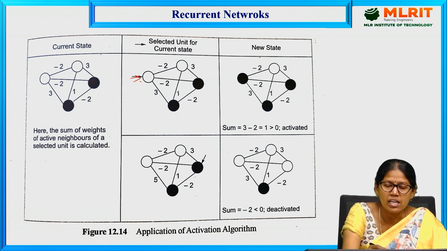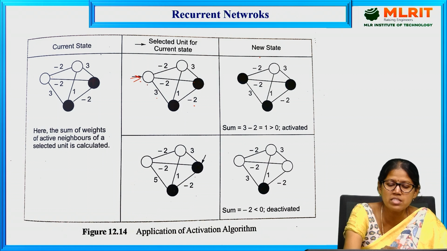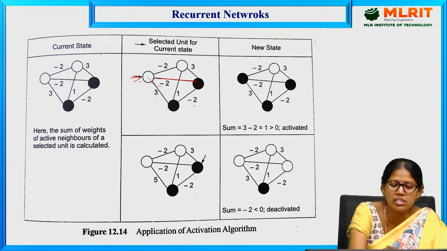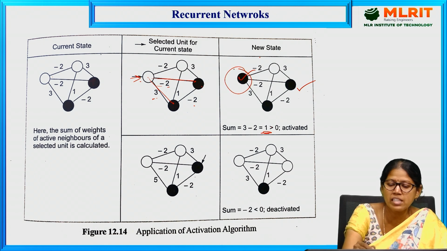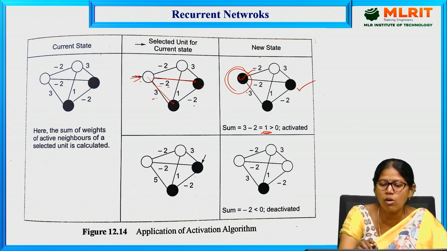We will calculate the sum only over the active nodes, that is 3 minus 2, which are connected with this selected node. This one is connected, this one is connected. So 3 minus 2, what is the value? 1. 1 is greater than 0. So it is activated. This one is also activated. So for the selected unit, whether it is active or not, we compute the value and activate that unit.